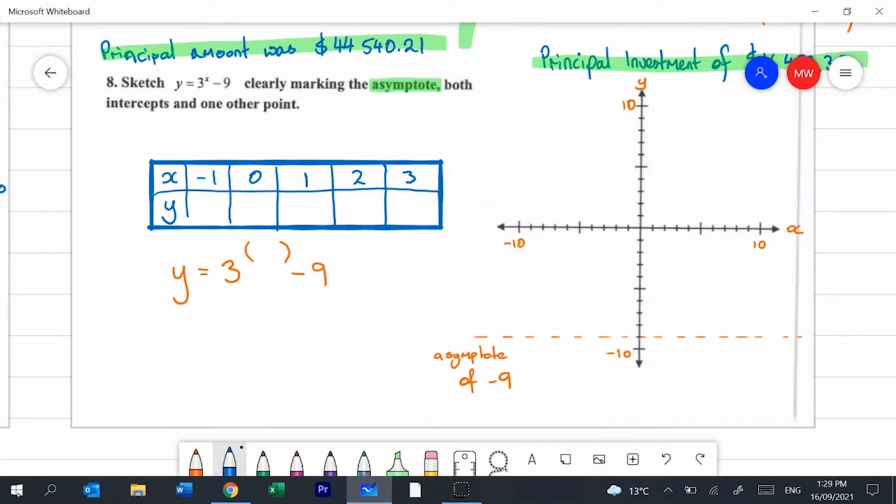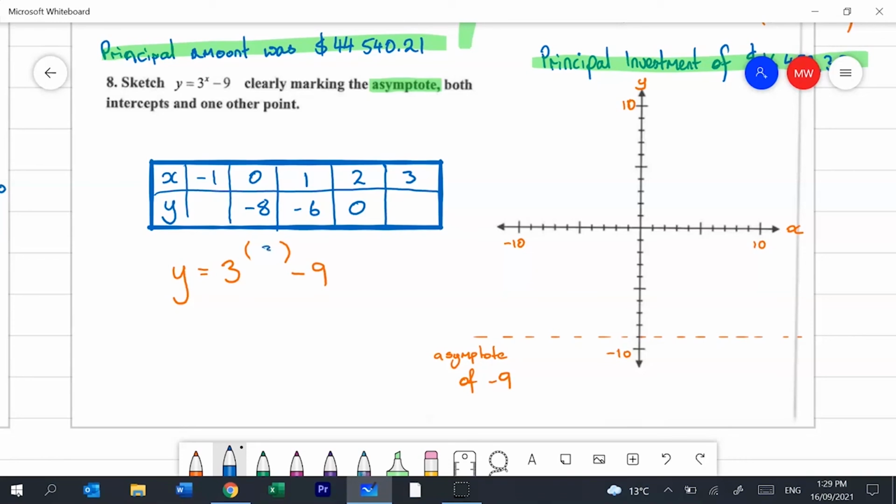So we'll start at 0. I like to start at 0. It's nice and clear. So if I make that 0, I'll get -8. And I'll change this to 1. And I'll get the value -6. And then I'll put in 2. And I'll get the value 0. That's going to be a good one. That'll be our x-intercept.